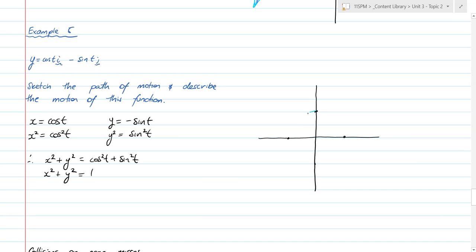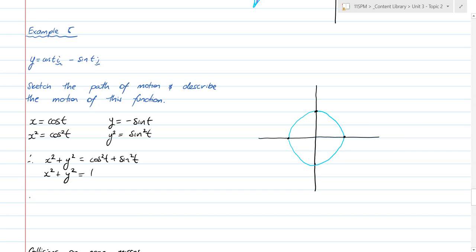I'll do it in light blue again, just to make sure that I get it right. But if it's going in a circle, obviously, eventually it's going to pass through every point. So it's not like the previous question where I cut off half the parabola. This time, it will go back to the start and then continue. What I do need to work out is where it starts.